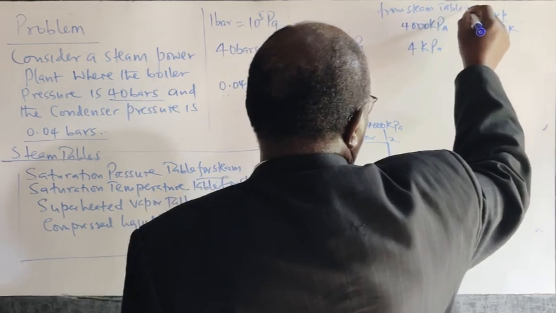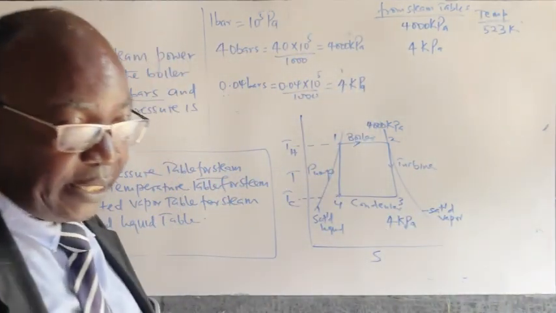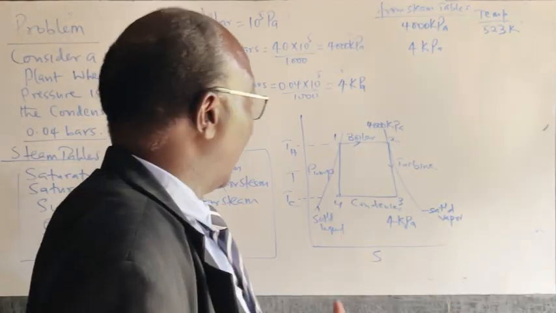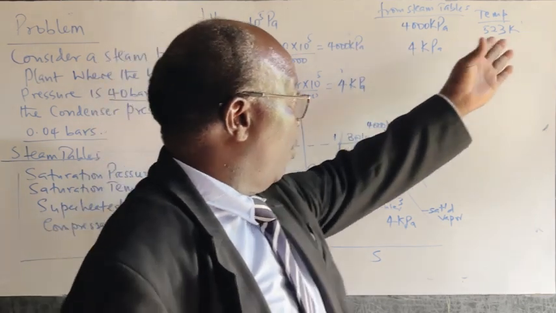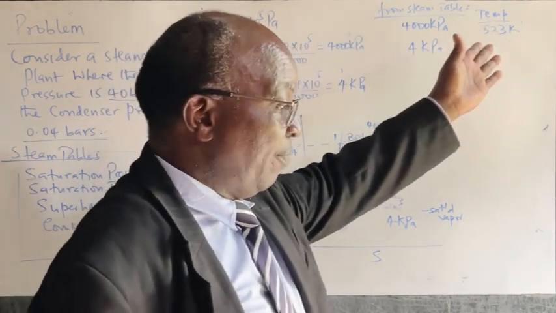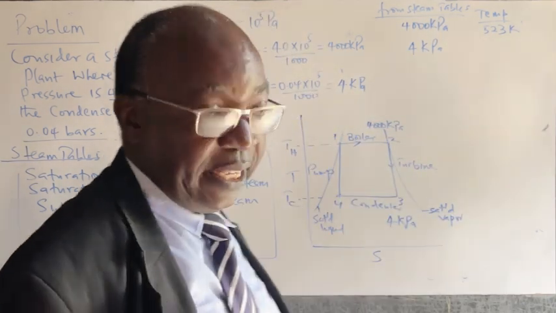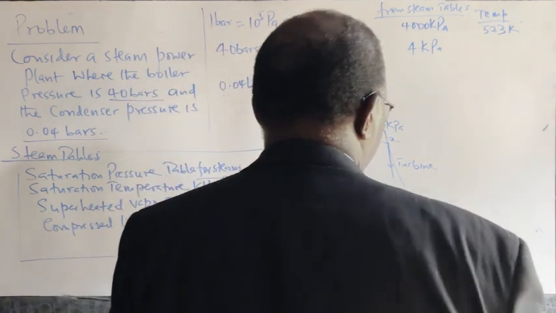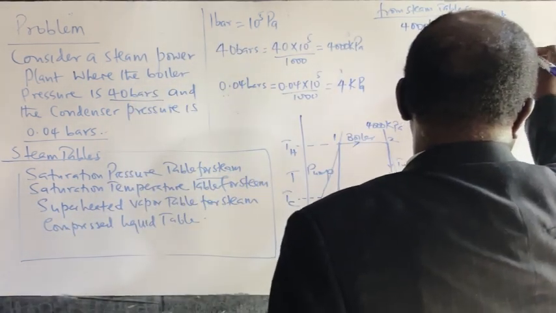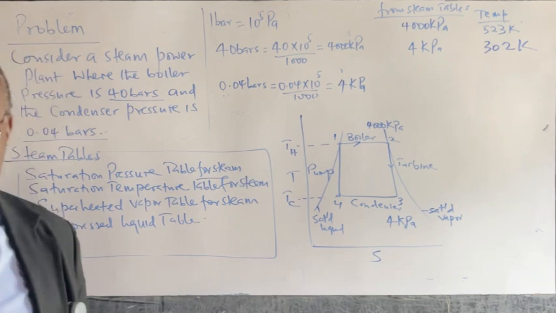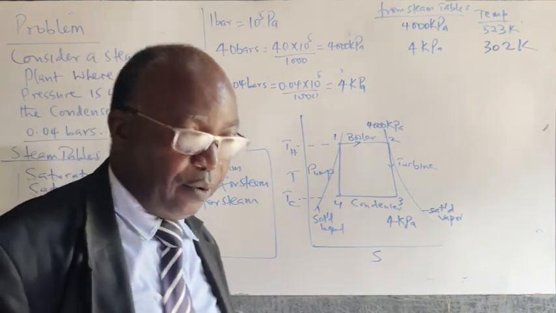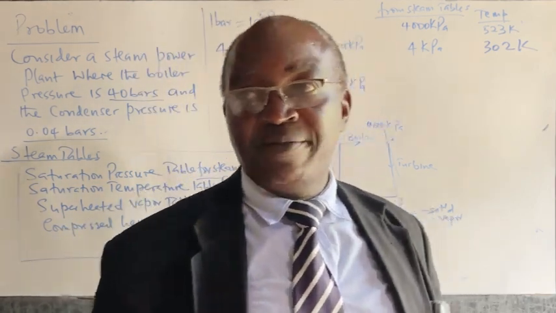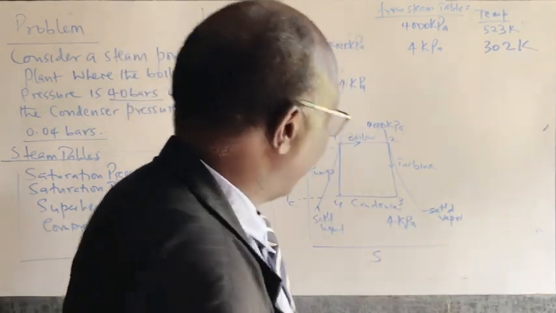You have to go to the saturated pressure table for steam, look at 4,000 kilopascals, and you'll find the temperature there, 523, in the first column. And in that steam table, there will be values for enthalpy, entropy, internal energy and so forth.